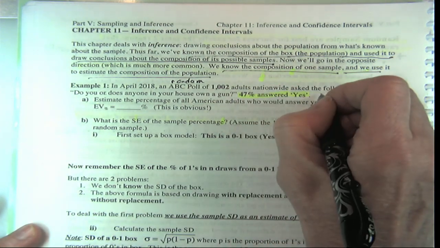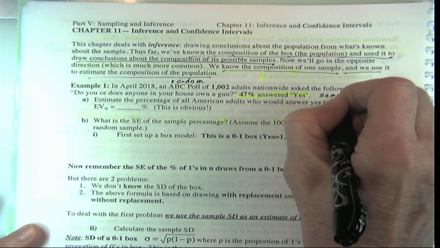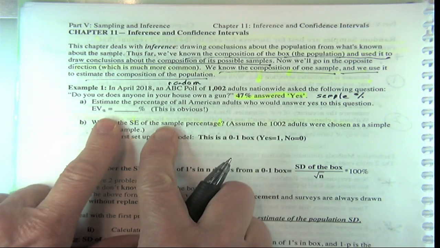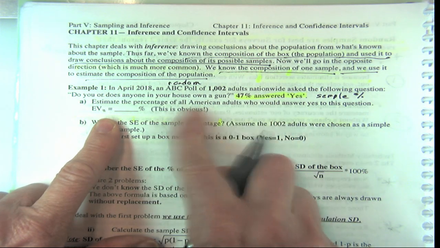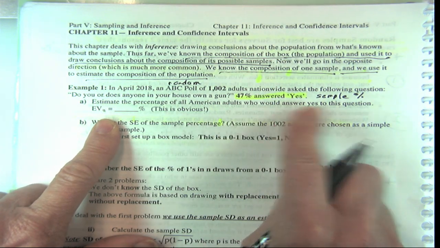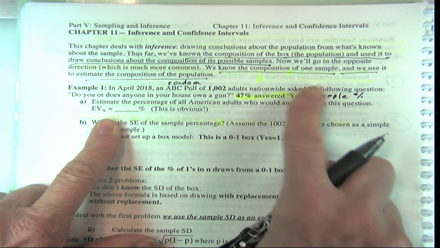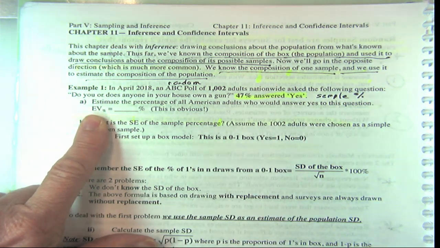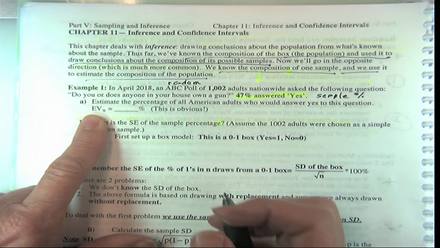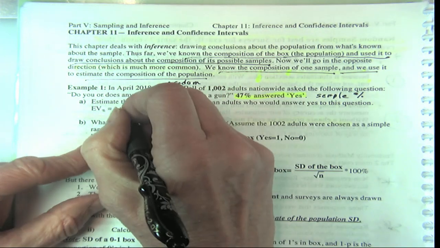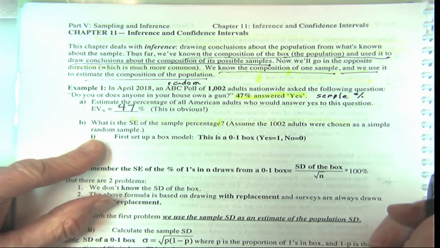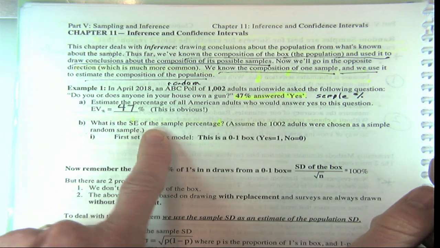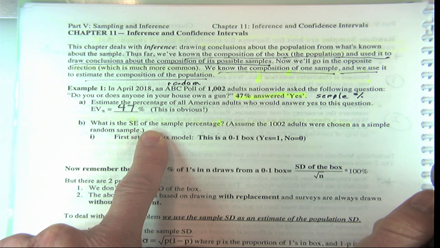So that's our sample percent right there. And we're going to use that, of course, to estimate what percent of all American adults would answer yes to this question. We sampled from the whole population, so our expected value of the population percent is going to be the same. Okay, that's pretty obvious. But now, what's the standard error?